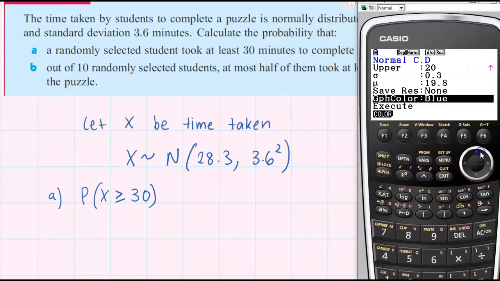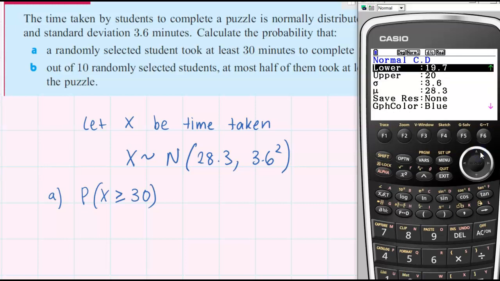Part A, nothing new. What is my lower bound going to be? 30. What is my upper bound? Maddie, my upper bound, what do you reckon? 20,000? Fine. 1,000?